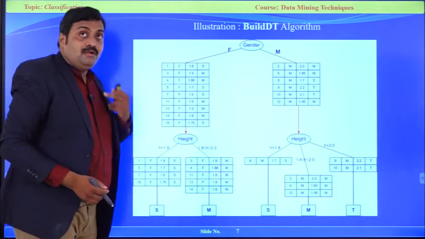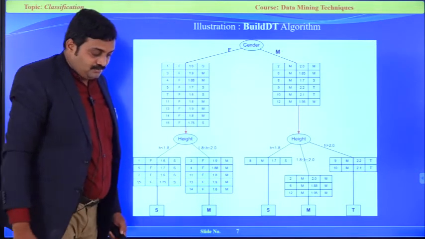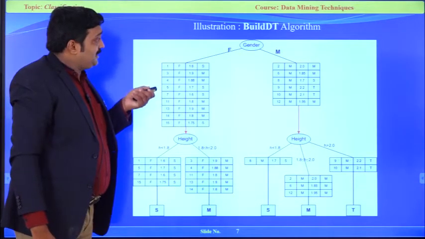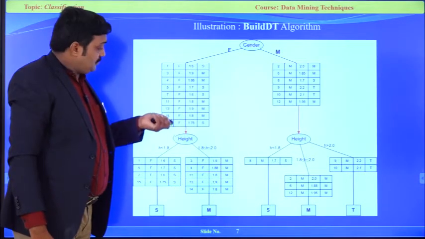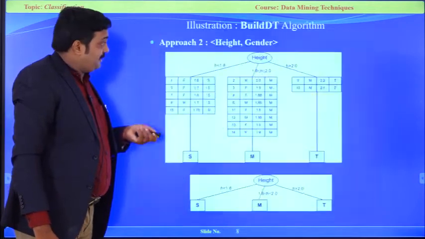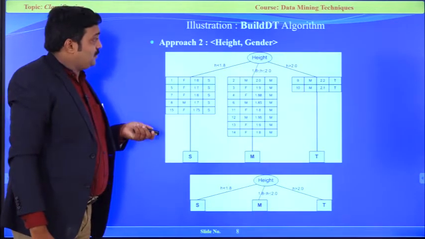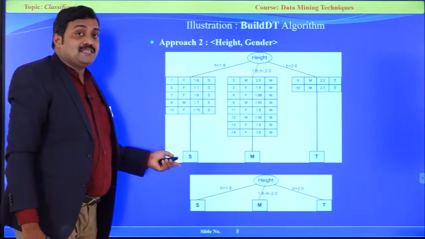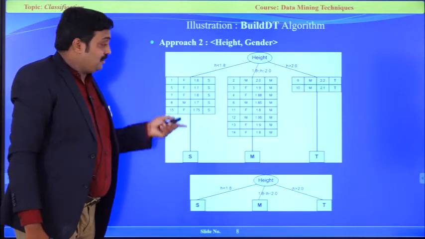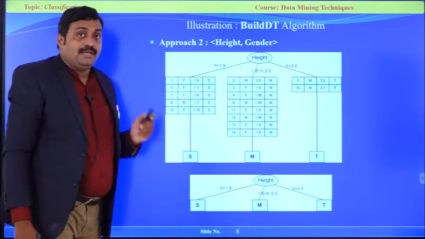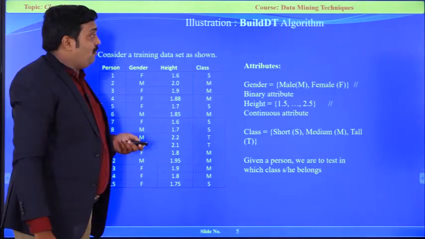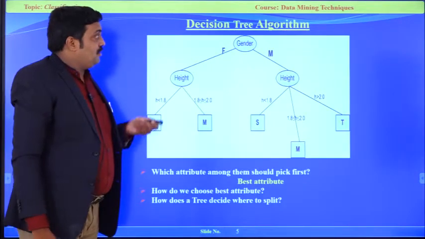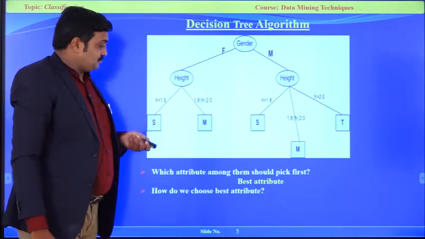So the first approach is I take the gender, then height, but in the second approach only height I can use to decide the size of a person: smaller, medium, taller. Okay. This is the way how I am going to split any attribute.